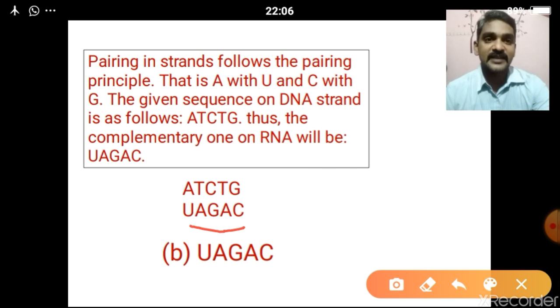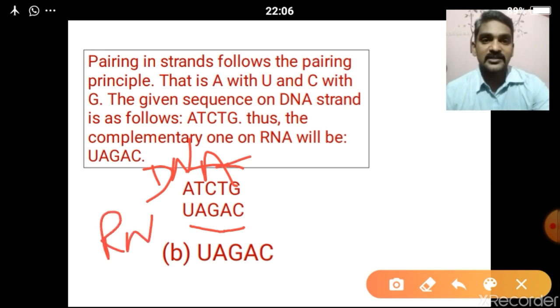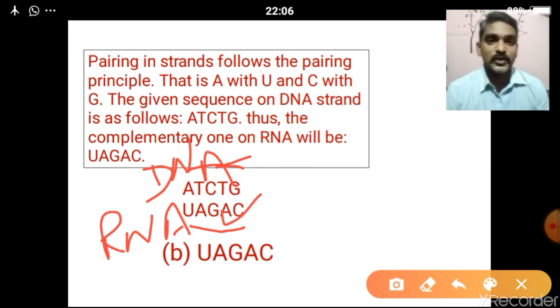Whereas in DNA you will not get that uracil. Only in RNA you will be getting this uracil. So the RNA will be, this is the answer, UAGAC. So answer will be UAGAC.